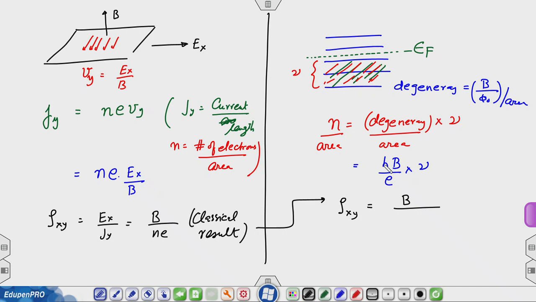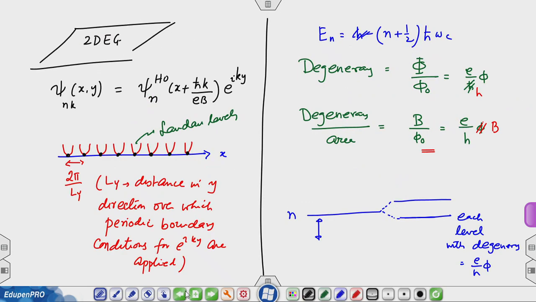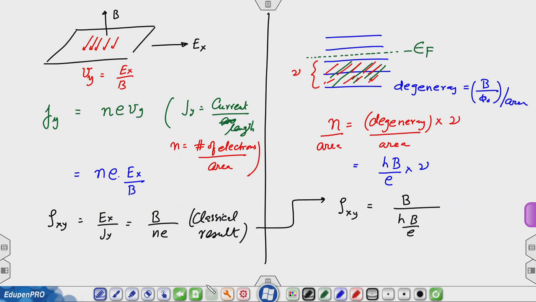One second. Quantum of flux is h over e. So, let us see now B over h, B over e. I think it is the other way. Let me just see what is the quantum of flux. I may have made a mistake. h over e is the quantum of flux. So, this is going to be B over phi naught, h over e.